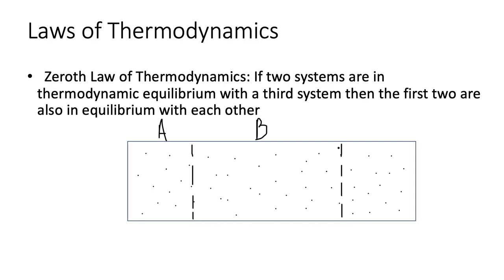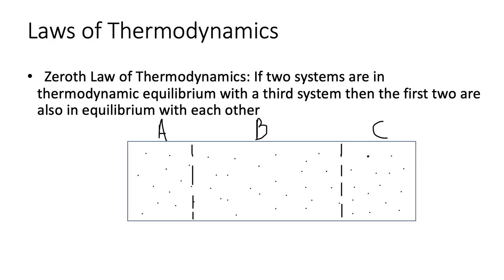So again, system B is all the gas in between these two dashed lines, and likewise system C is everything from this dashed line to the right in this imaginary fixed control volume. So that's system C. So if system A is in equilibrium with system B and B is in equilibrium with system C, well, A and C must also be in equilibrium with each other.